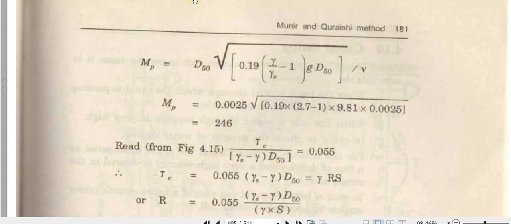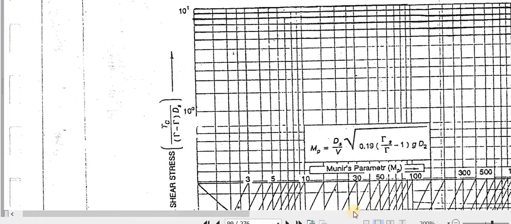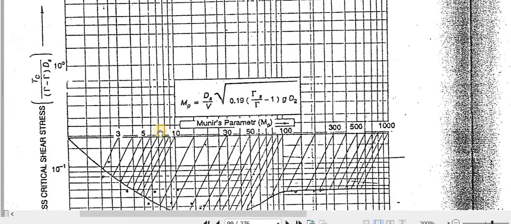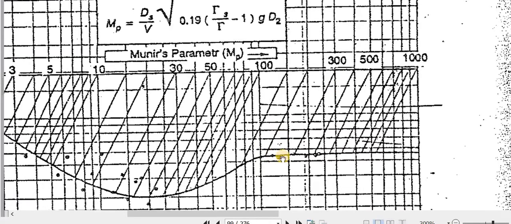Now we have Munir parameter 246. So from this graph we have Munir parameter. This horizontal line represents Munir parameter value. It is 246. It will be here, 100 to 300. Here will be 200. Here will be 246. From 246 you have to come parallel with these lines, in this pattern, on this line.